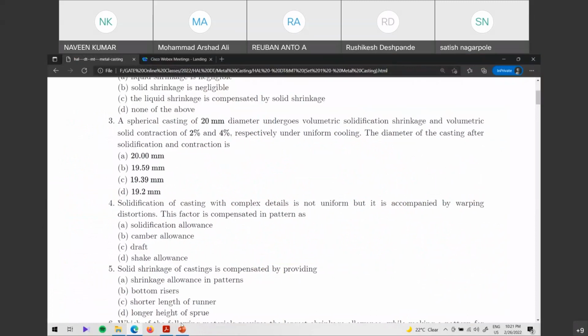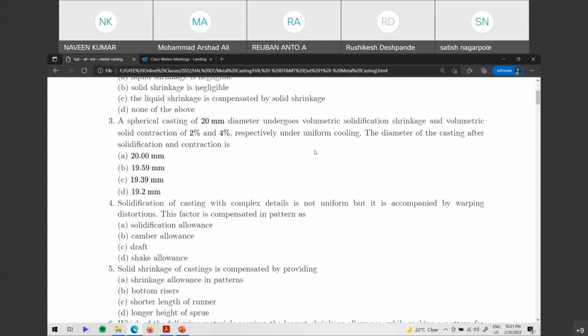Same thing: 4 by 3 pi r cube. This is diameter, please remember. So 4 by 3 pi into d by 2 whole cube, that is the volume of sphere. After first solidification contraction we get 98% of Vs, and then solid contraction, that is 96% of 98% of Vs. That will be the volume at D, that is 4 by 3 pi into D final divided by 2 whole cube.